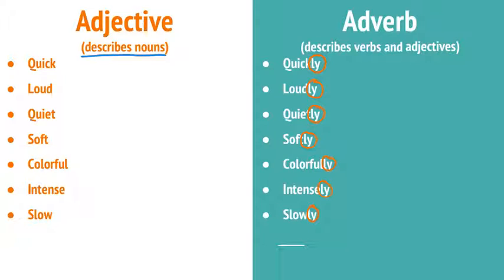So all of these end up being translated to adverbs with that simple addition of ly. So I could talk about the quick cat that ran away, or I could say that the cat ran away quickly. And in that second form, that latter sentence, quickly came up as the adverb. That cat ran away quickly.